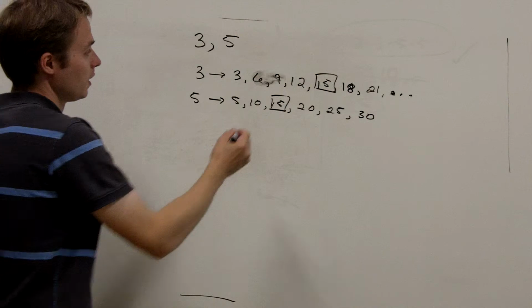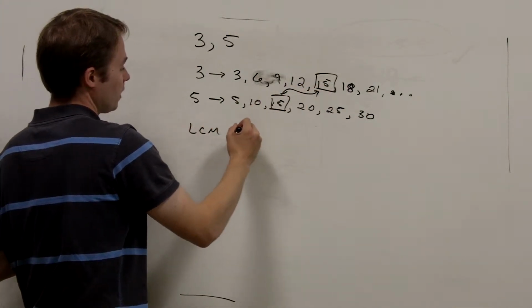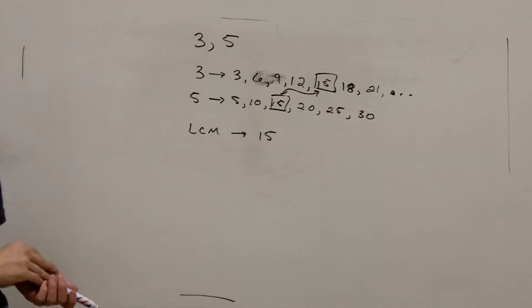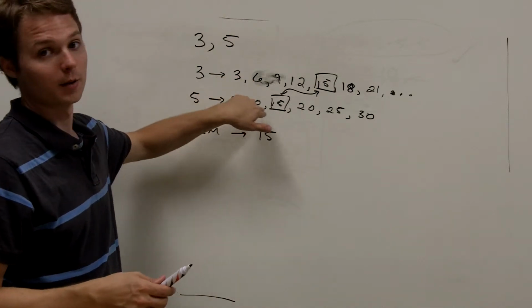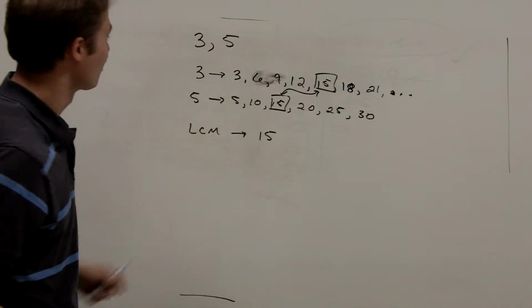We've already found it. It's 15. So the least common multiple here is going to be 15, which is what we thought initially, but we had to go through and make sure that there weren't any smaller multiples as we listed out our multiples.